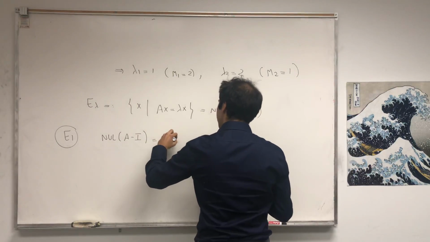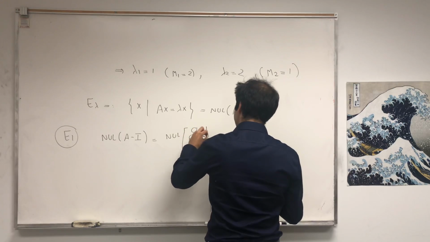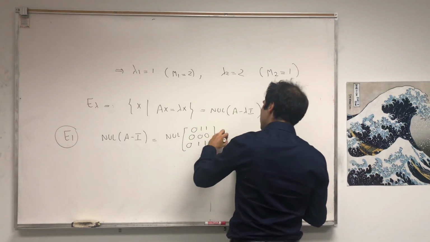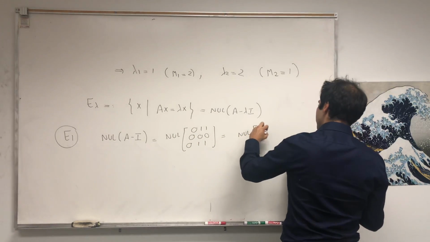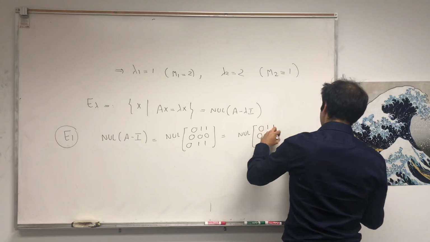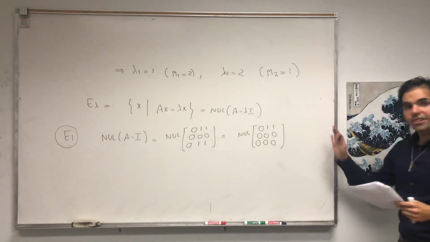If you do that, you get the null space, I think, of 0, 1, 1, 0, 0, 0, 0, 1, 1, and then you can just row reduce to get the null space of 0, 1, 1, 0, 0, 0, 0, 0, 0.